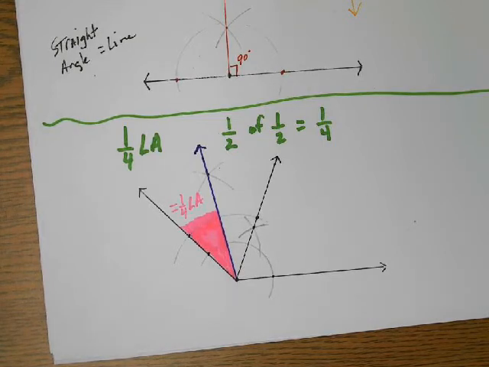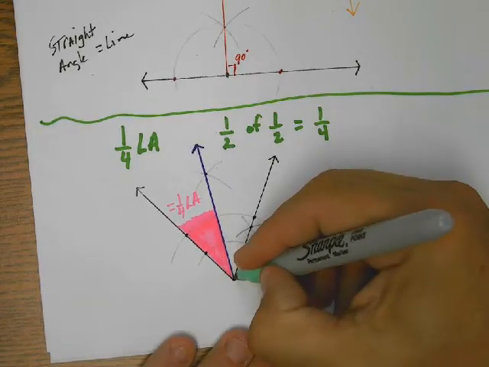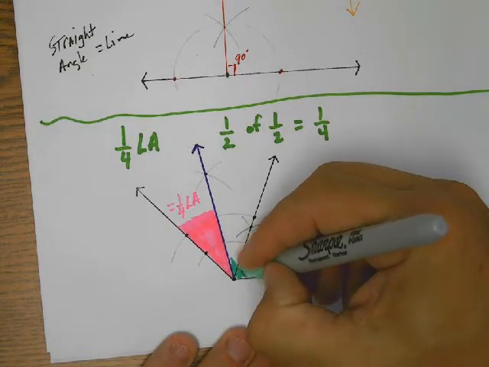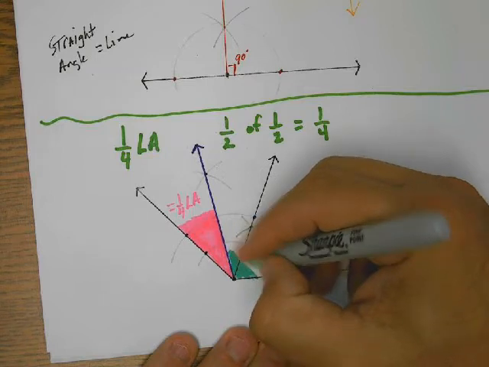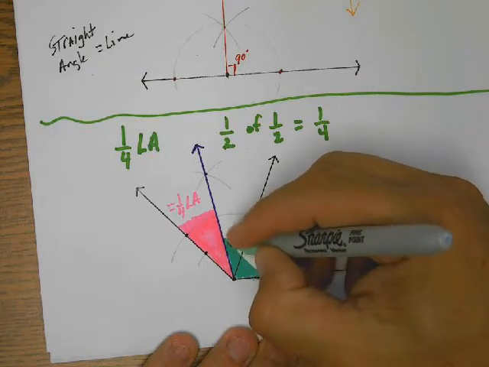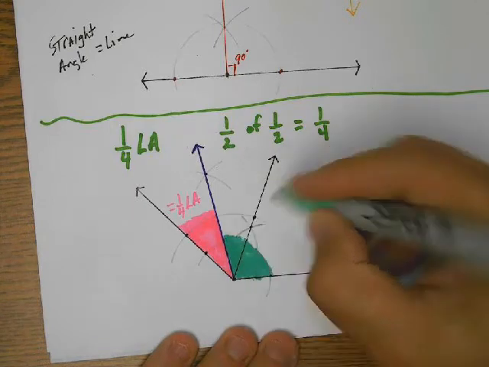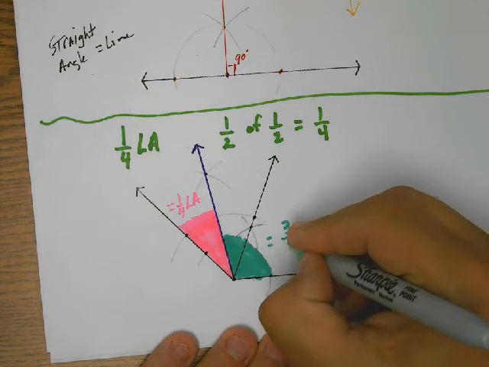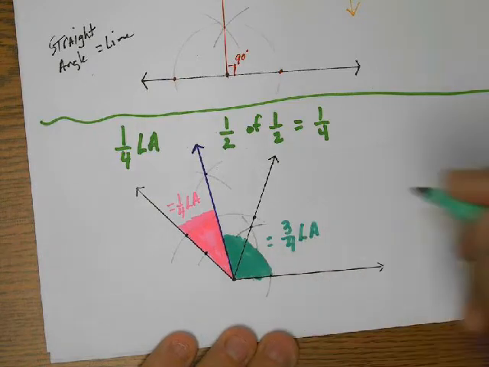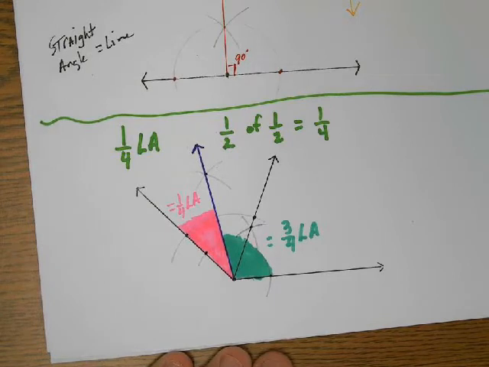Now, you probably realize this, but I'm going to say it anyway. It's what I do. I'll give it a different highlighter here. You guys realize that then what's remaining here, this angle way over here, the rest of it, would be equal to 3/4 angle A. You guys realize that, right?